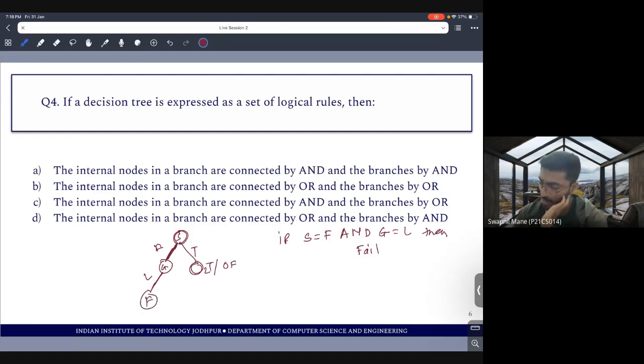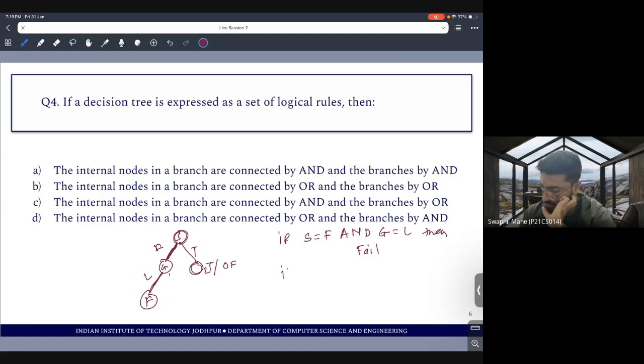Okay, so another condition. If the branches are connected by OR, how can we consider the OR here, right?